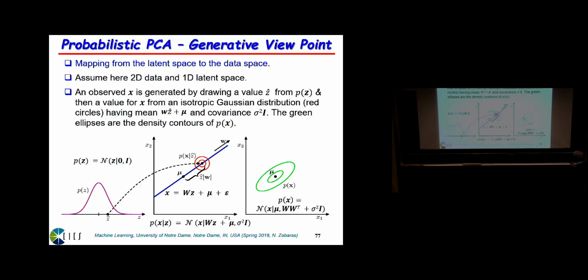So here, what do we need to evaluate this? We need to specify sigma squared, so one variable, and W. How many variables is W? D times M. So we go basically from D squared to D times M, and that's where the idea of reduction comes, right?